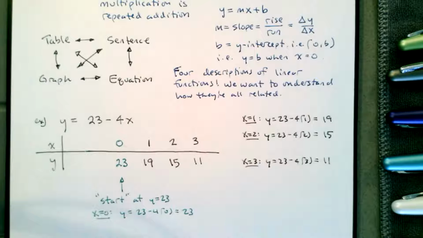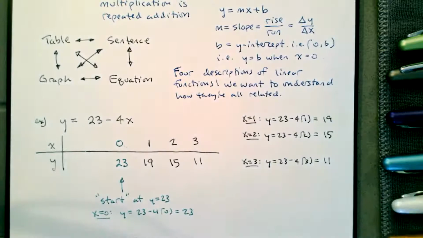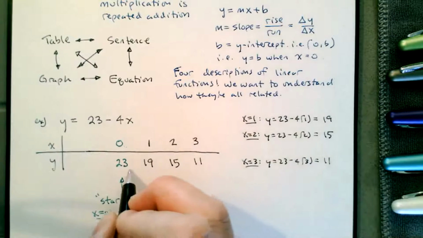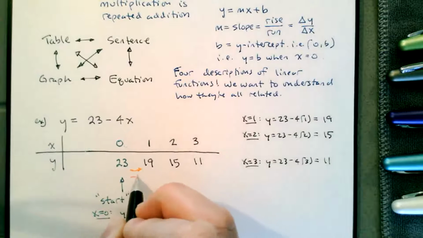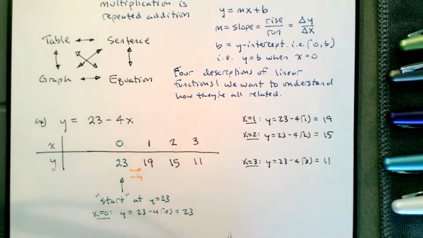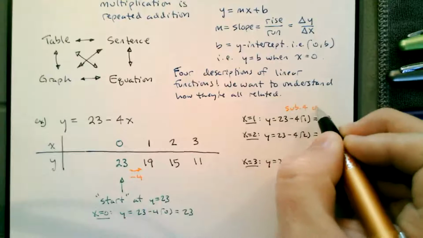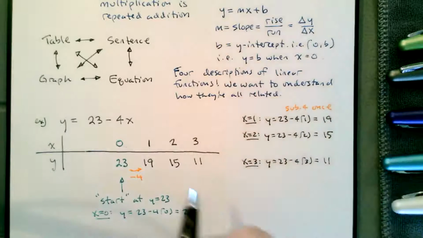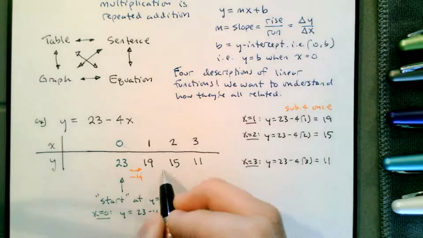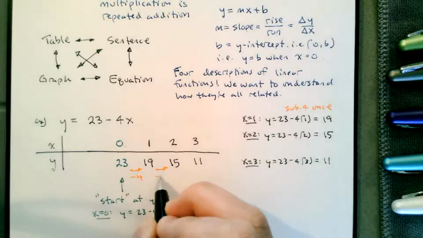What we want to notice is where the minus 4 shows up in the y's. The minus 4 is telling us how y is changing. Notice that from 23 to 19, we subtracted 4 one time. From 19 to 15, we subtracted 4 again.